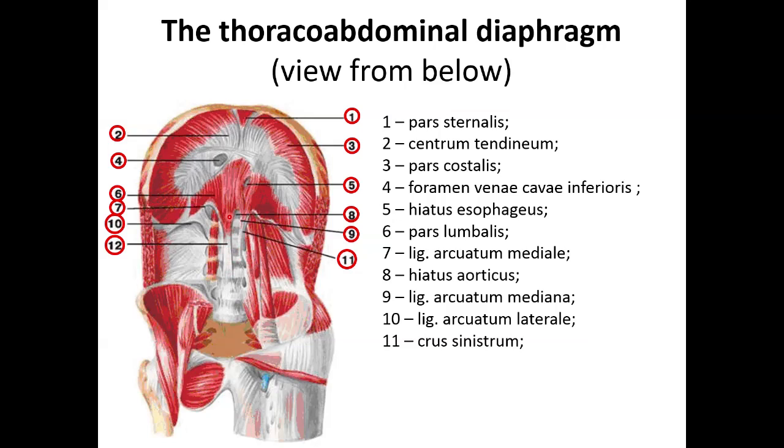They look like ligaments, and this is a sort of tendons which start from the lumbar vertebrae, from the corpus of the first three lumbar vertebrae. That's why this part of the diaphragm is called the lumbar part.